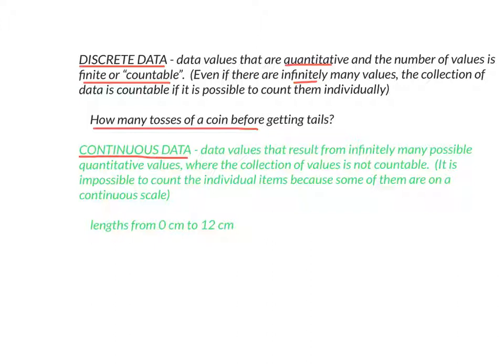For example, if we're talking about data that will answer from 0 to 12 centimeters, it could be 1 centimeter, 2 centimeters, but it could also be like 1.55 centimeters, 1.56 centimeters, 1.5556667777 centimeters. Infinite amount of values between 0 and 12 centimeters, as weird as that sounds. So that's called continuous because you can't count every single measurement because they're infinite. And discrete, you can actually count. They're countable.